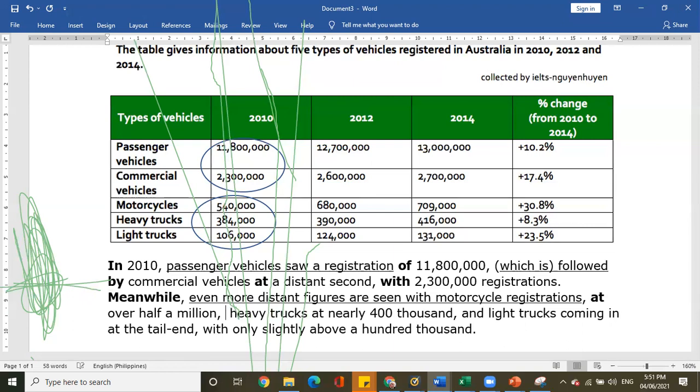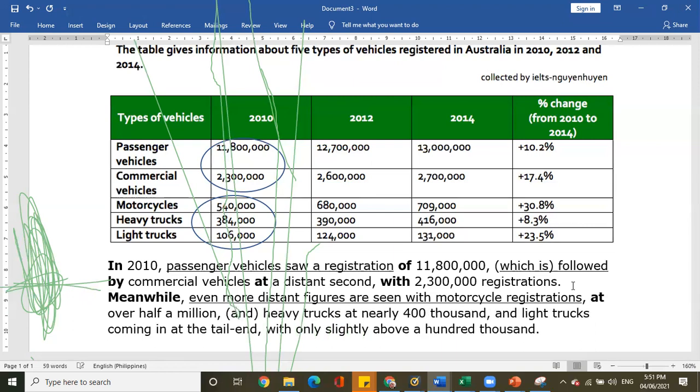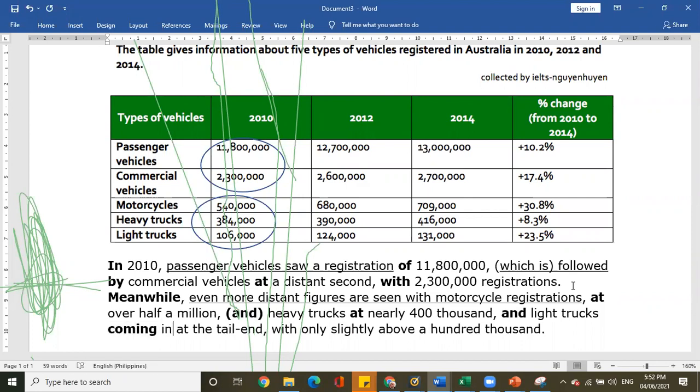So there is like this invisible conjunction here, and there heavy trucks at nearly 400,000. And there's the overt conjunction and light trucks. So this one is the gerund coming in at the tail end, and that is your conjunction with only slightly above 100,000.